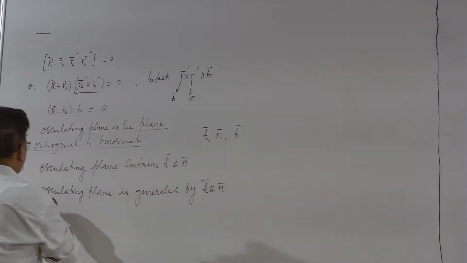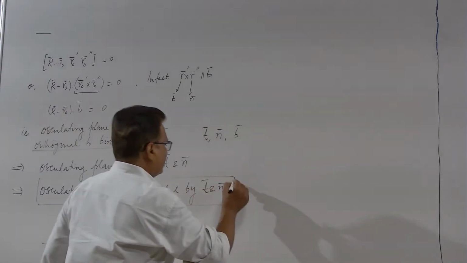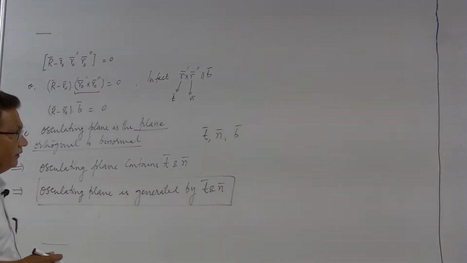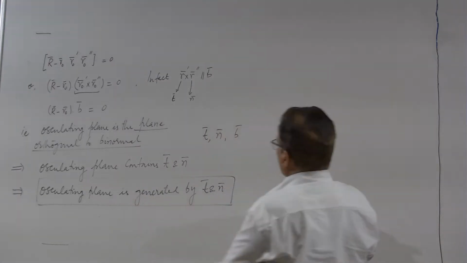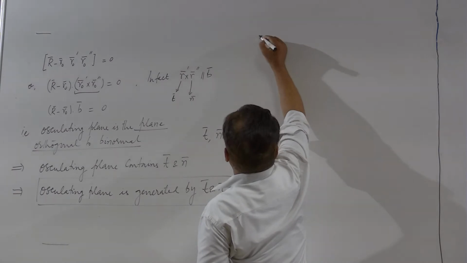So, many a times we visualize the oscillating plane of a curve at a point as the plane which is generated by these two known vectors t and n. And now, similarly, I can think of the other planes which are generated by n and b or t and b. So, on this line we can think of the planes. So, let me rewrite down this observation over here. So, this becomes a remark.